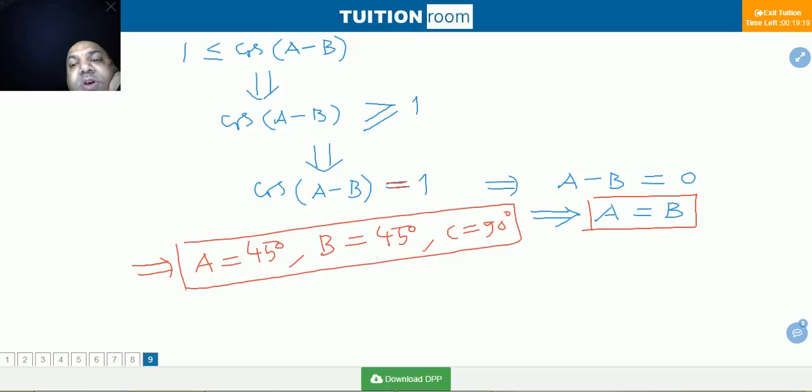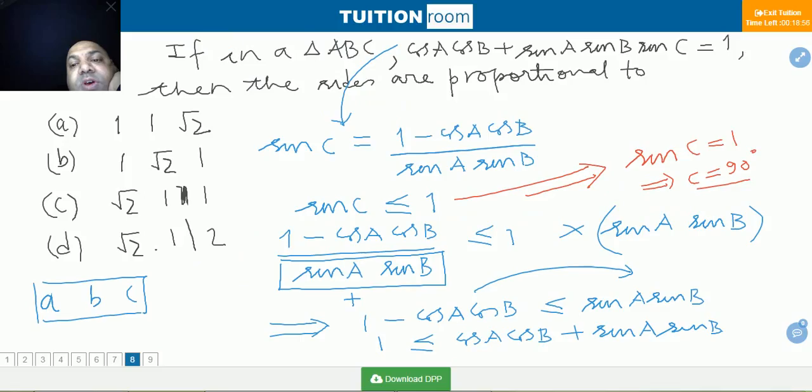We are compelled to use the equal to sign in the final relation because the value of cos cannot be more than 1. Once we are compelled to use the equal to sign here, we are always compelled to use equal to all the way through. We'll get sin C is equal to 1, C will be 90 degrees.